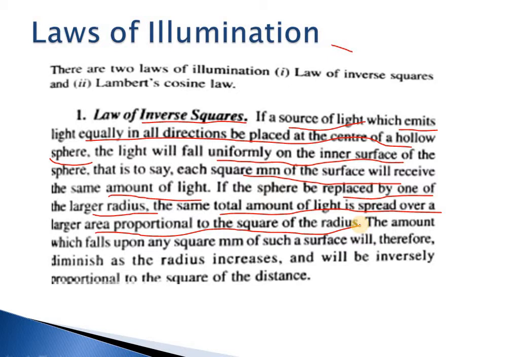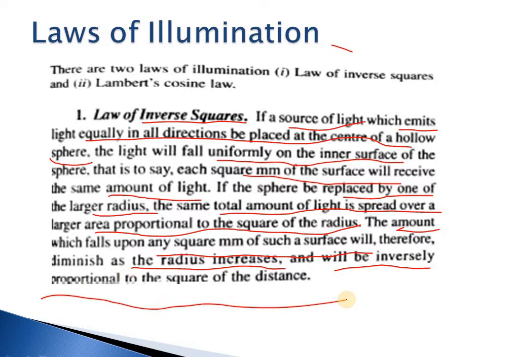That means for each square millimeter, the same amount of light will be spread over a larger area. So the amount which falls upon any square millimeter of such a surface will diminish as the radius increases and will be inversely proportional to the square of the distance.